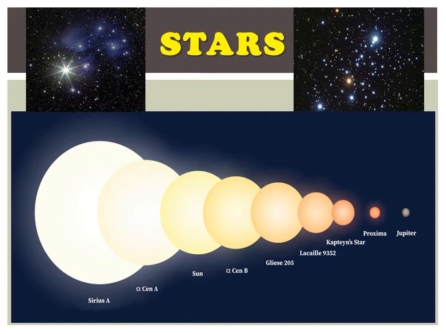I see small stars and I see big stars. Small and big only? No, I have medium between big and small. So the sizes of stars are different: small, medium, and big. Okay?